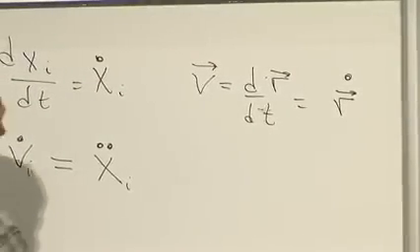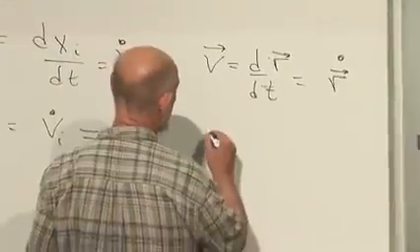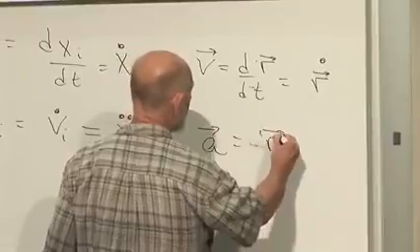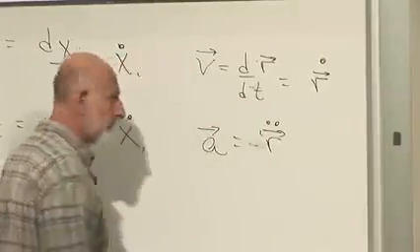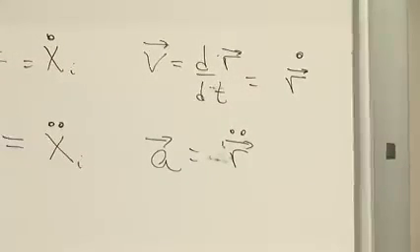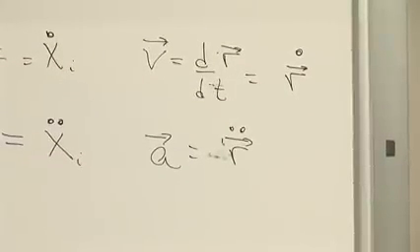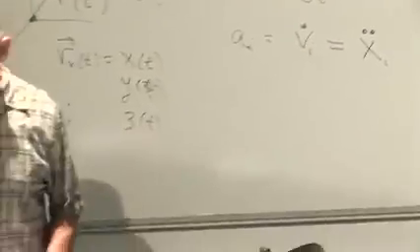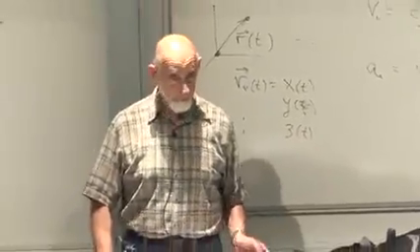Likewise, acceleration is the second derivative, r double dot. Okay, now that we have these concepts, let's work out an example or two. Two specific examples of position, velocity, and acceleration.